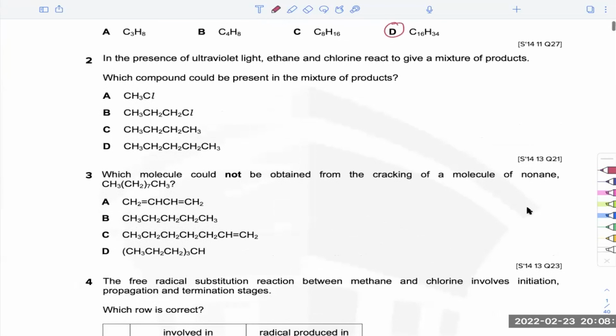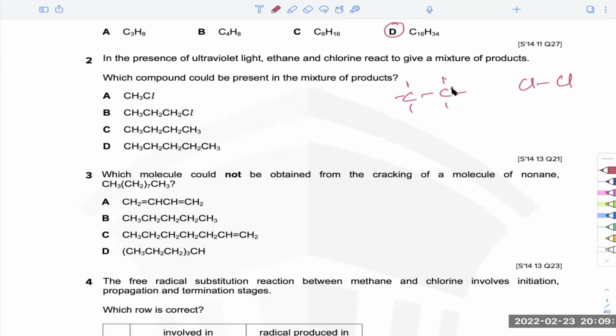In the presence of ultraviolet light, ethane and chlorine react to give a mixture of products. Of course, this is free radical substitution they're talking about. Which compound could be present in the mixture? So you have ethane and you have chlorine. Where could you get a free radical?